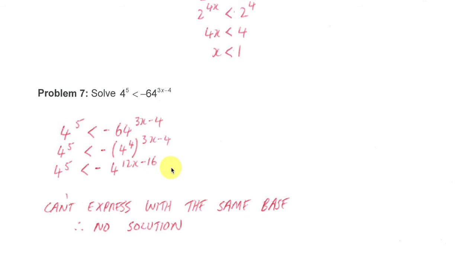There is nothing I can do here so that I get the left-hand side base equal to the right-hand side base. So you might think, oh, let's multiply both sides by negative 1. That would make this positive, but that negative. So obviously negative 4 is very different to positive 4. I can't get the bases to be the same, therefore I can't equate the powers, and therefore I can't solve for x. So for this one here, there is no solution. And if you put that into your CAS, you could see that's the case as well.